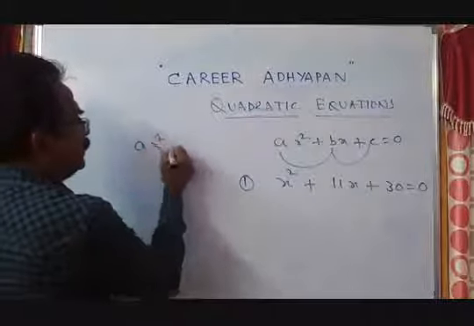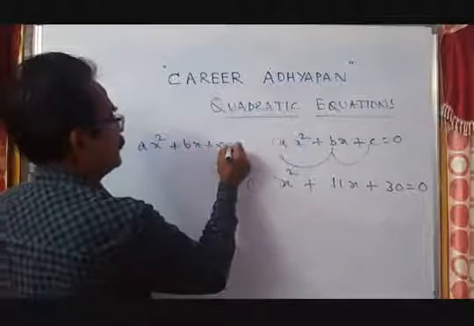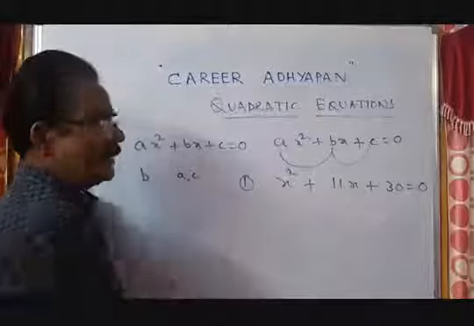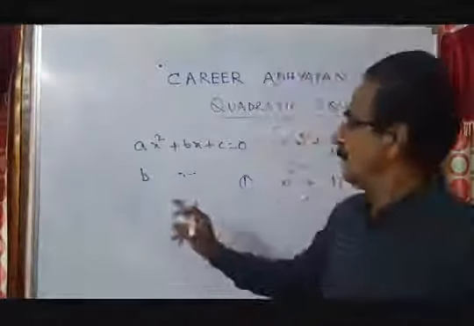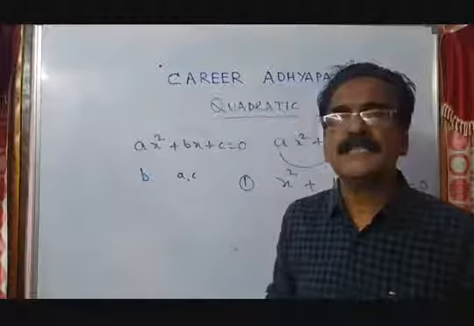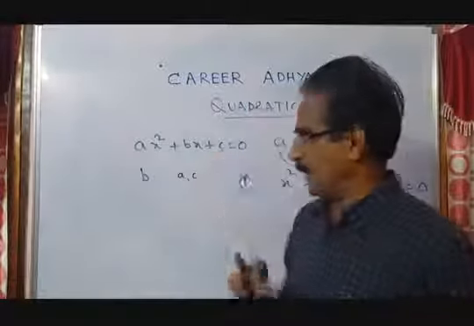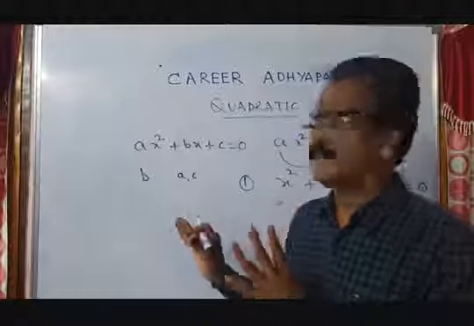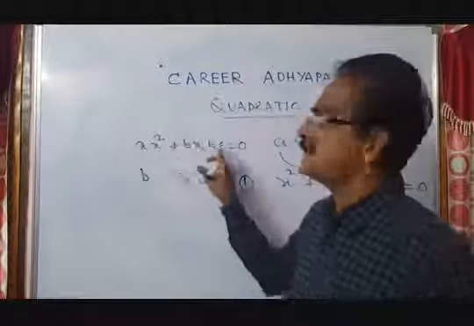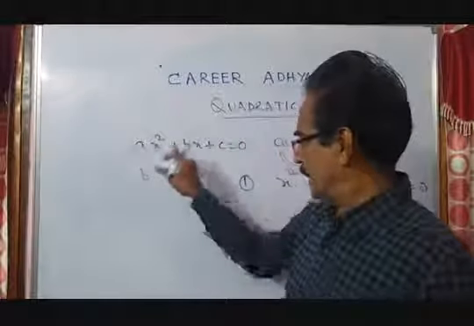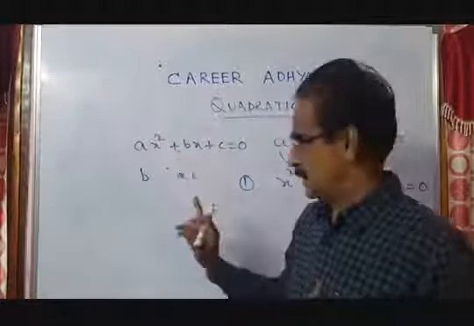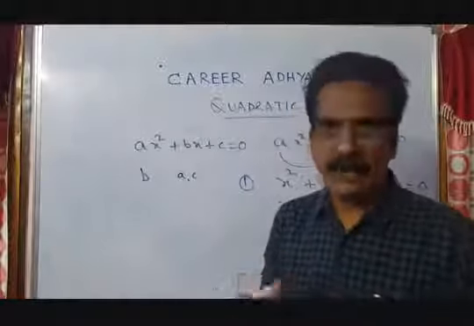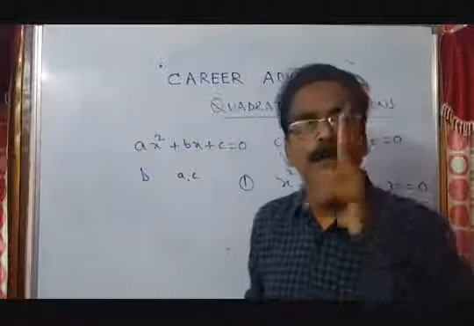Now see, ax square minus bx, or if b and a, c have opposite signs, that is, a and c are plus and b is minus, or a and c are minus and b is plus, then both the roots are positive.